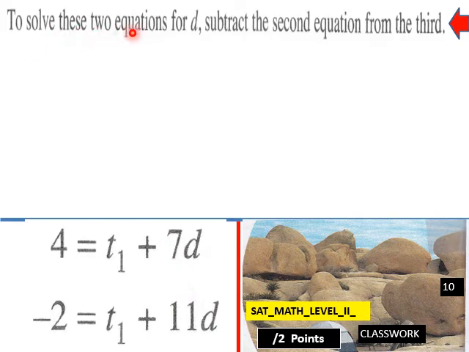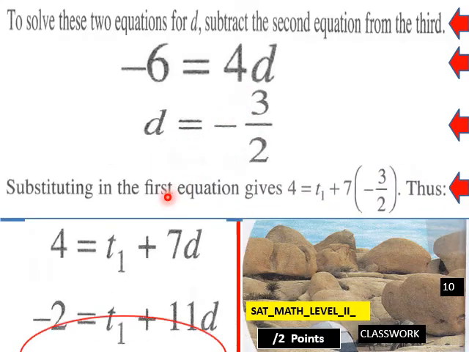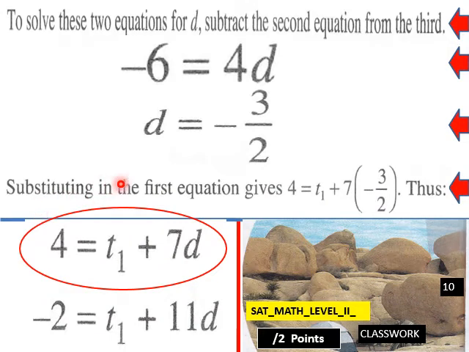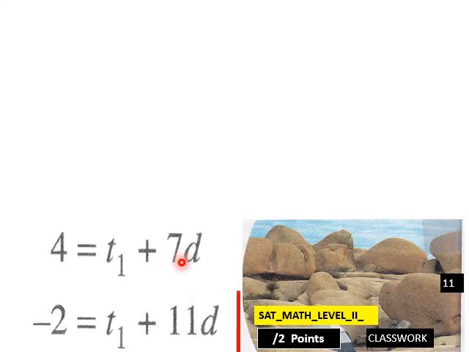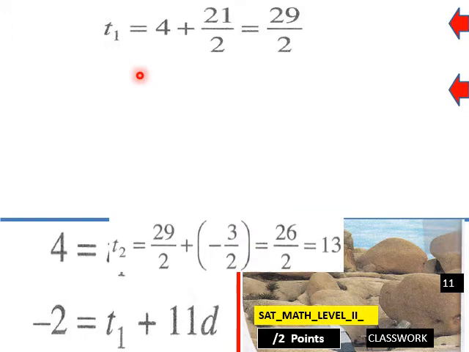To solve these two equations for d, subtract the second equation from the third. So we get -6 equals 4d. Again, d equals -3/2, just to make sure you get this. Then we substitute in the first equation: 4 equals term 1 plus 7 times -3/2. Thus, term 1 equals 4 plus 21/2, which equals 29/2.